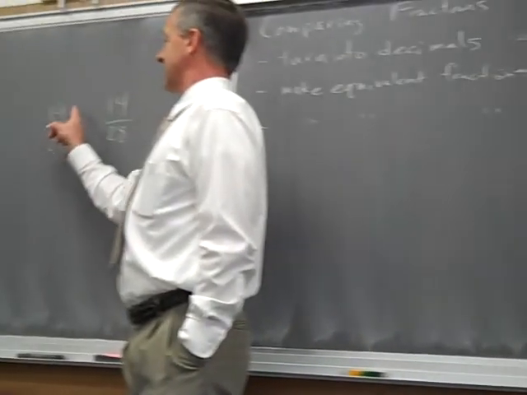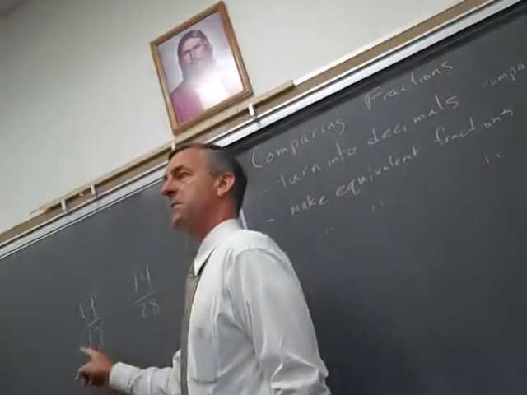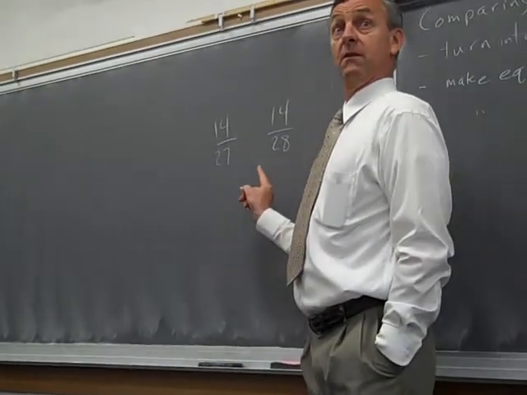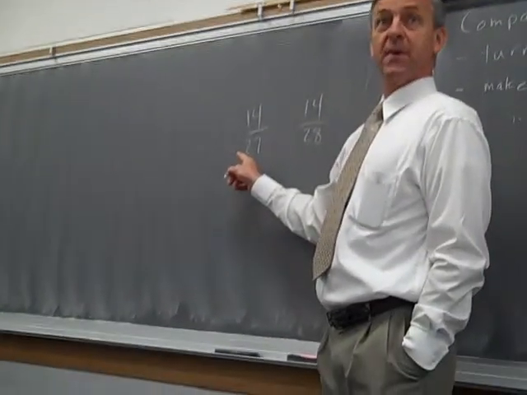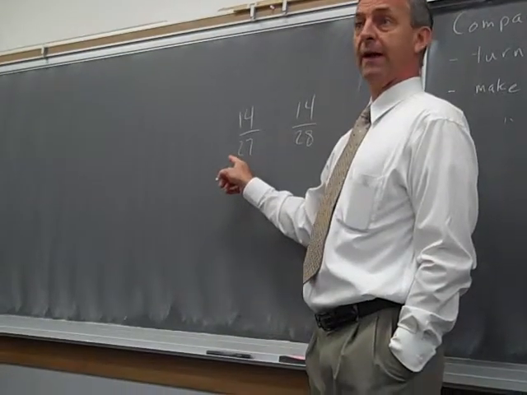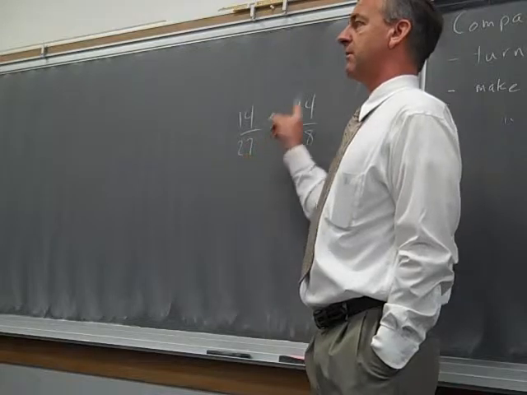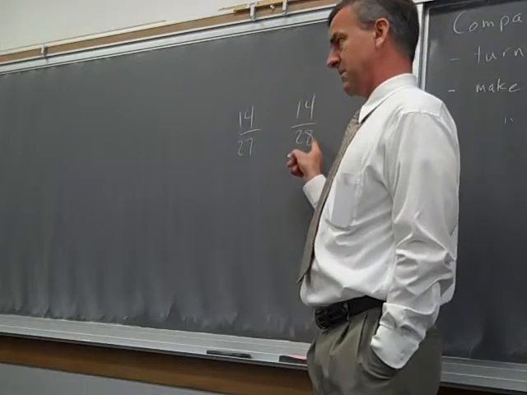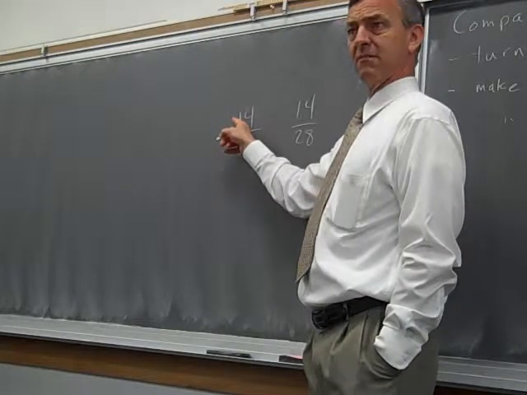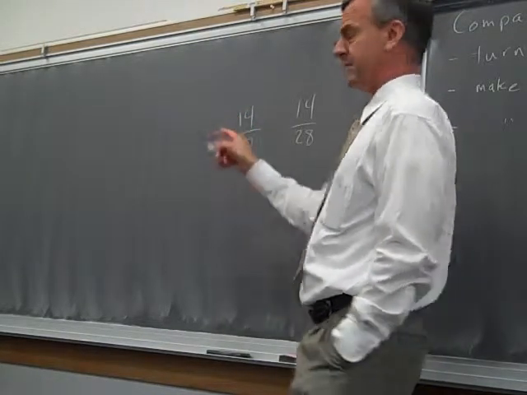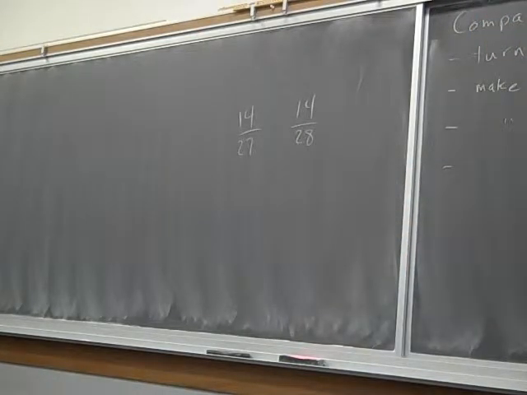If this pie is cut into 27 pieces and this into 28, which pieces are the biggest? 27ths, right? The fewer the pieces, the bigger the piece, if we've got a whole pie. And now I've got 14 of the bigger pieces compared to 14 of the smaller pieces, making this the bigger number. Does that make sense? Okay. What else?